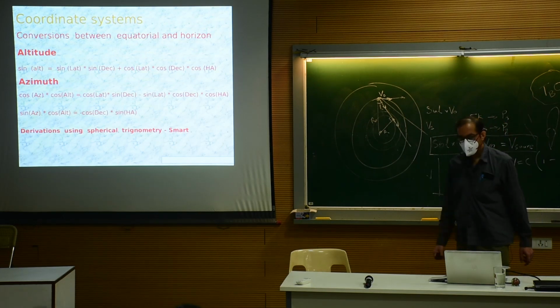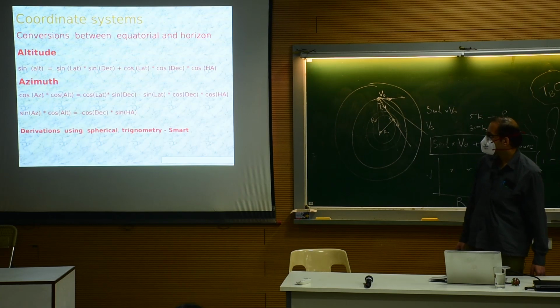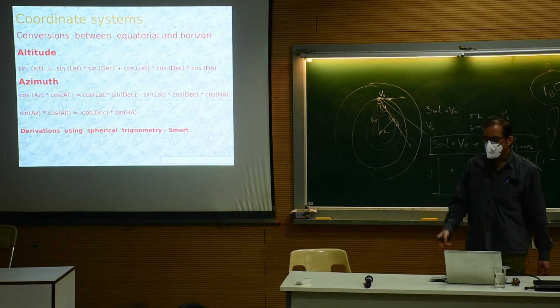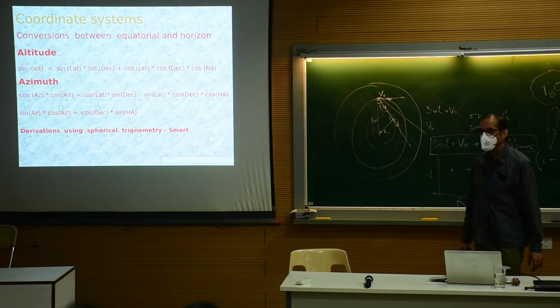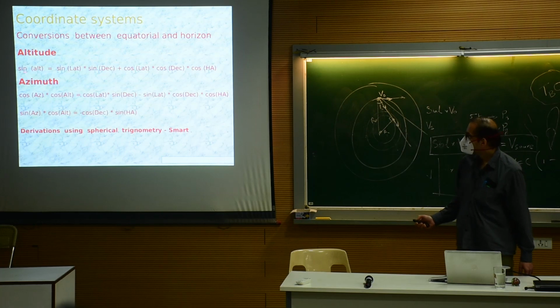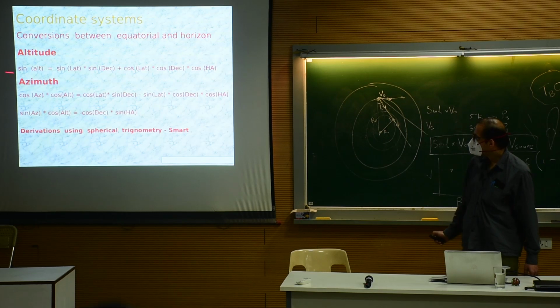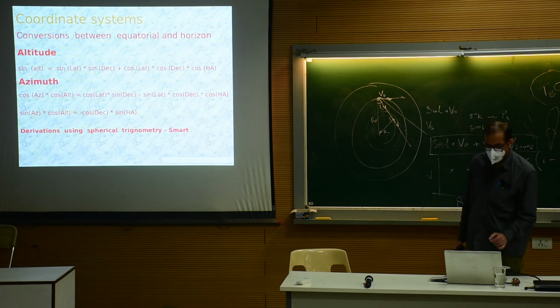Nowadays many people prefer using a computer to find it directly, but ideally you should know how this conversion is done. If some of you are interested, you can check the derivation on the net or in books. Basically, this is how altitude and azimuth are linked to the local latitude and longitude, the hour angle of the source, and the declination and RA, of course.